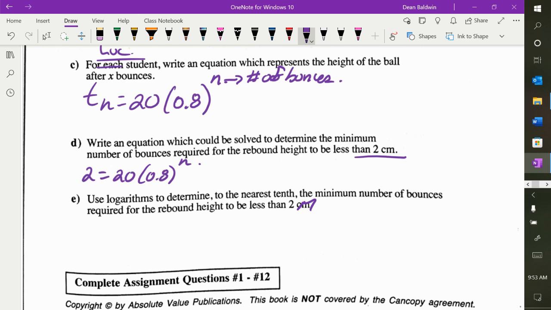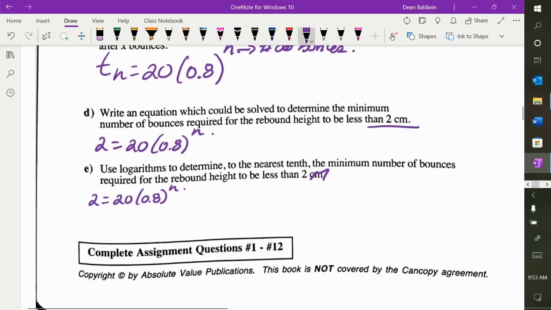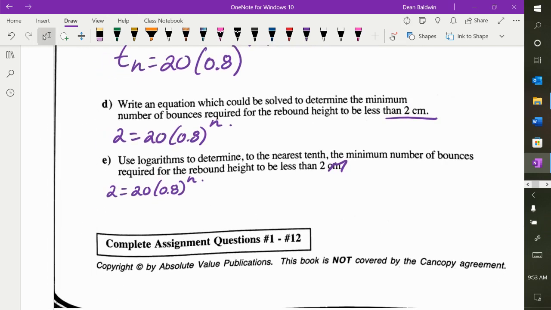Okay. So we put 2 in for our Tn, and we solve for n. We solve for our exponent, which because it is the unknown, we have to use log. So what's the first step here? Divide by 20. Now what do you do?